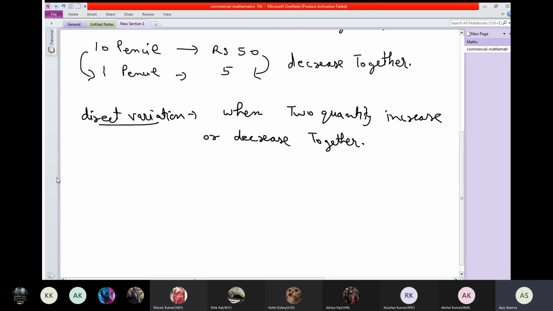That is already given to you in this question. Now, one thing you have to remember in direct variation: the ratio must be the same.